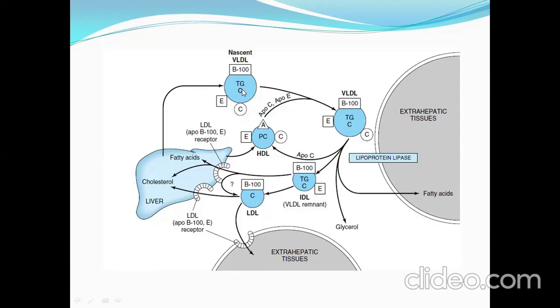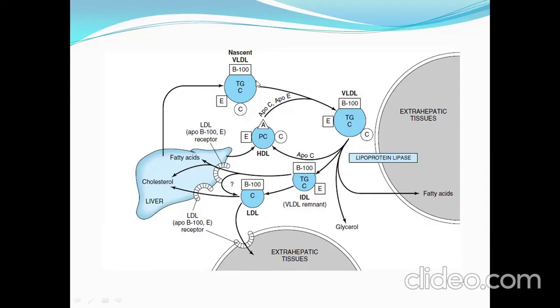The major lipid is triglycerides and then cholesterol. You can call this an immature VLDL. Finally, that nascent VLDL is going to convert into the mature VLDL.